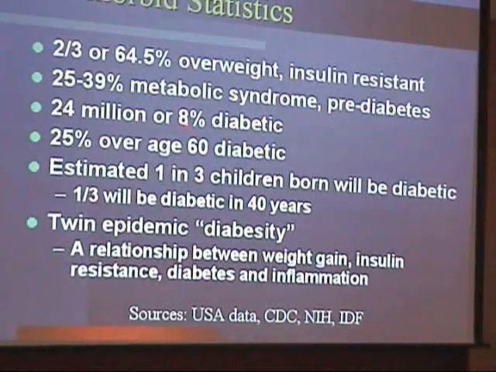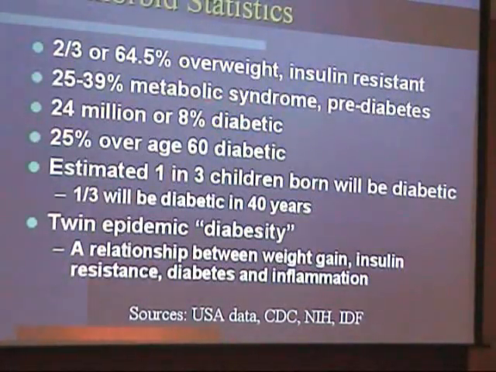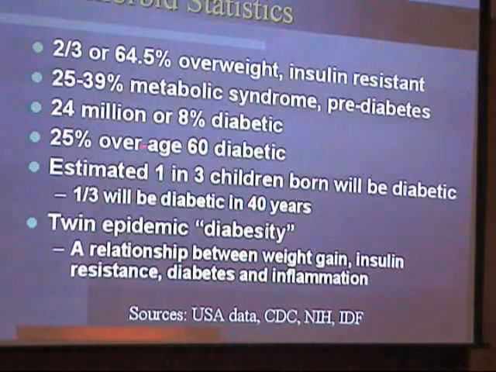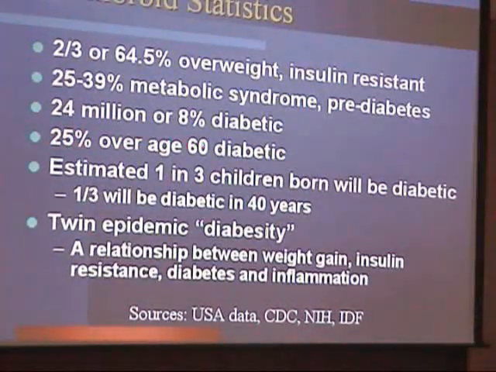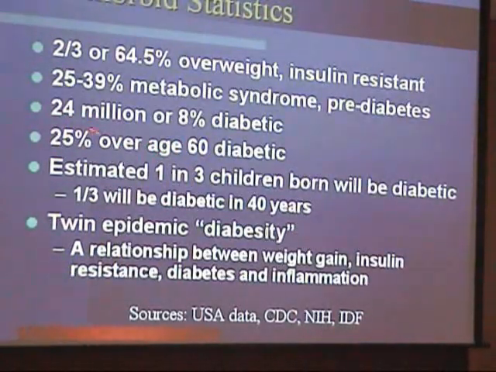Presently, 24 million, or 8% of our country, is diabetic, and I don't believe that number. I believe it's higher because people do not come and get it recognized. And then for population over 60, 25% again are diabetic. I don't believe that. I diagnose type 2 diabetes in my patients over age 65 on a daily basis. It doesn't surprise me anymore, but some of the patients are surprised.